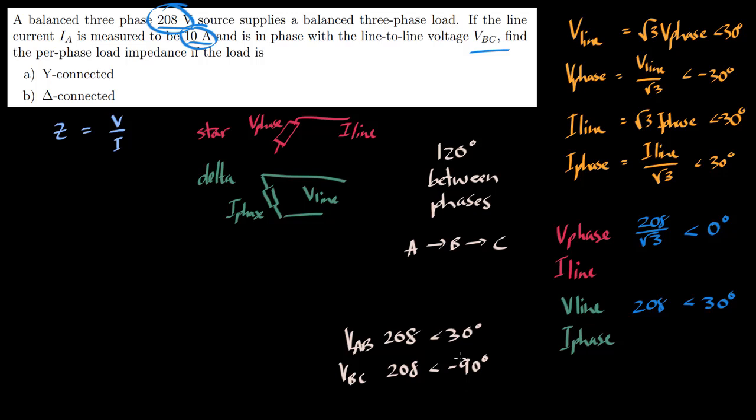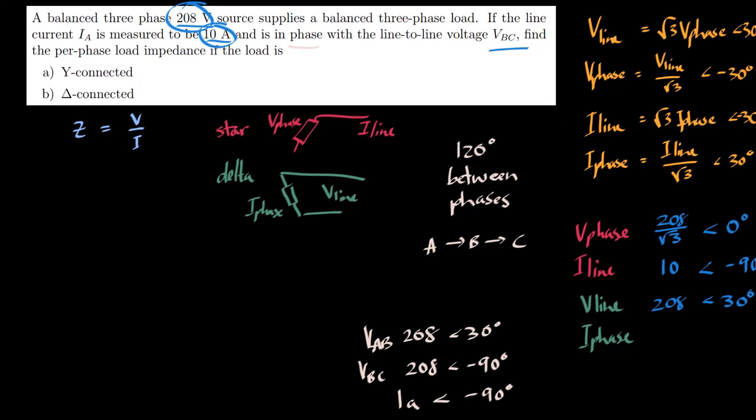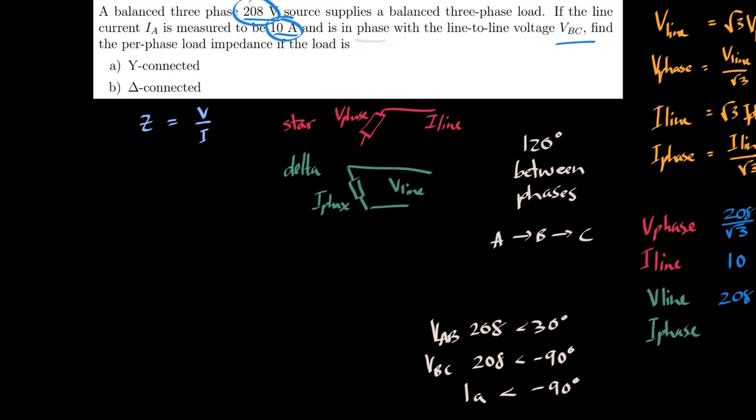Therefore, because it is in phase with the line-to-line voltage VBC, we know that our angle IA is going to equal negative 90 degrees. Lastly, for our phase current, we know that phase currents, according to our formula, are just line currents divided by √3, leading by 30 degrees.